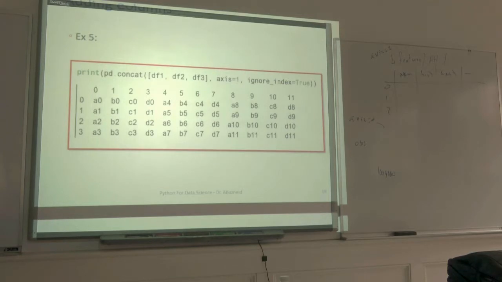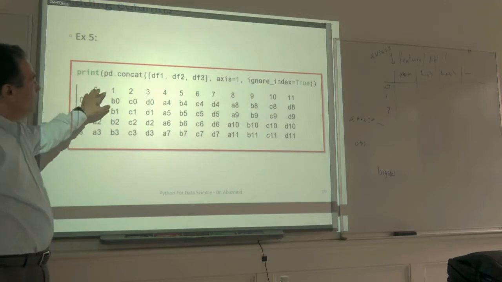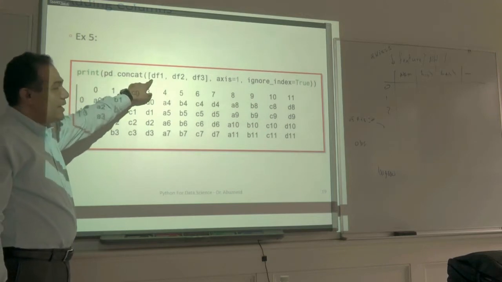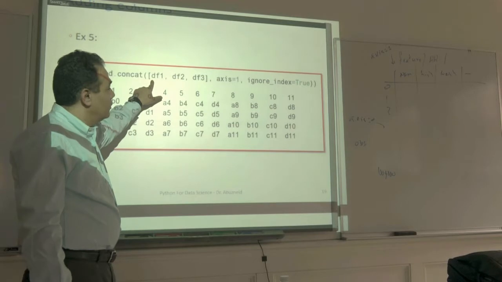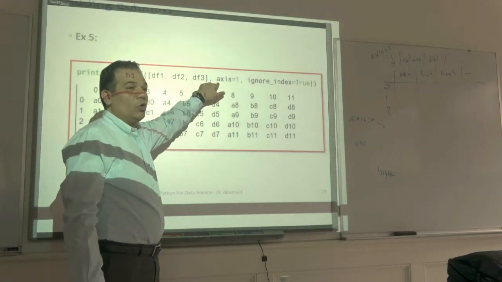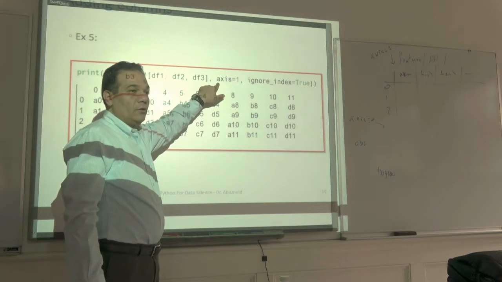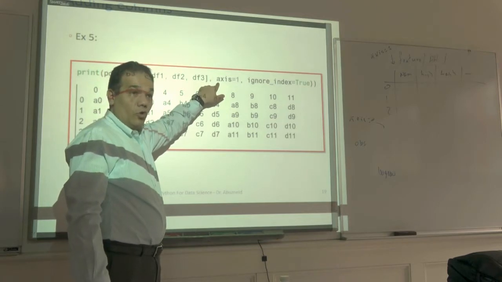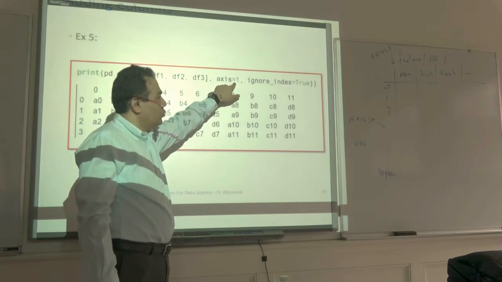All right. So in here, what we did, print, concat. What I'm doing in here, I'm concatenating how many data frames? 3. Row-wise or column-wise? Column-wise. Why? Because I say axis equals 1.